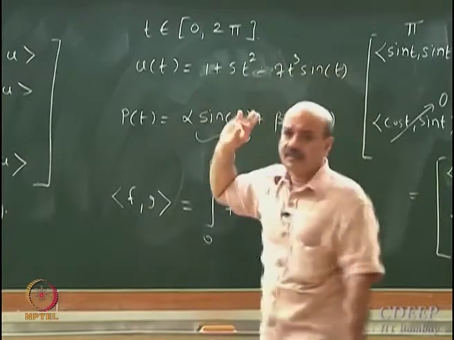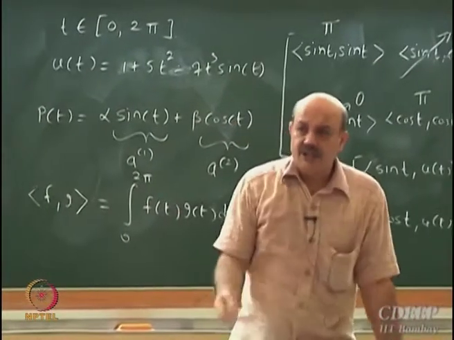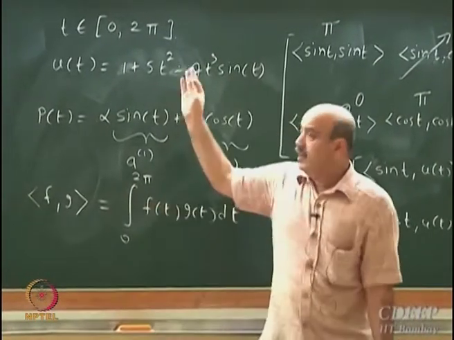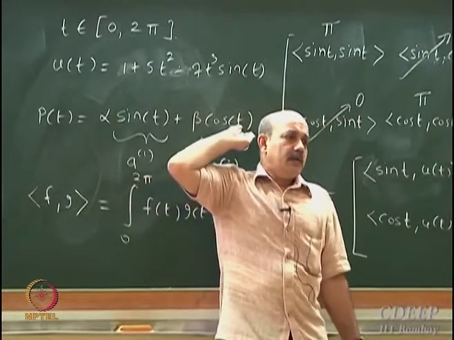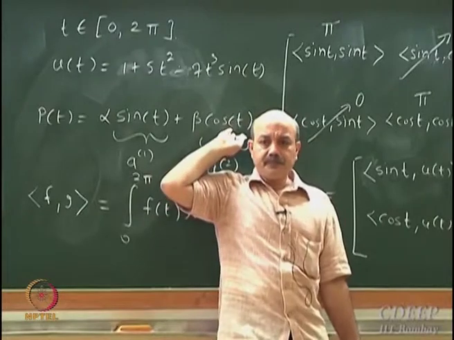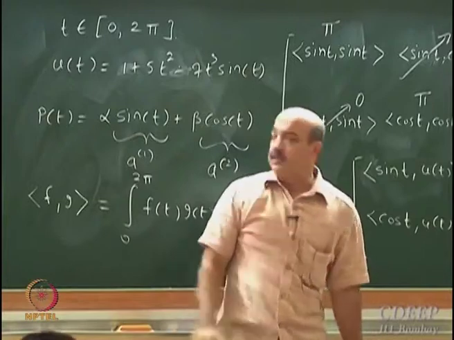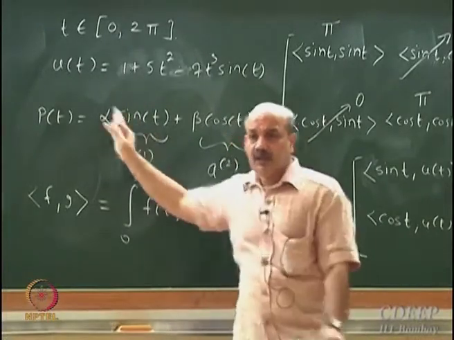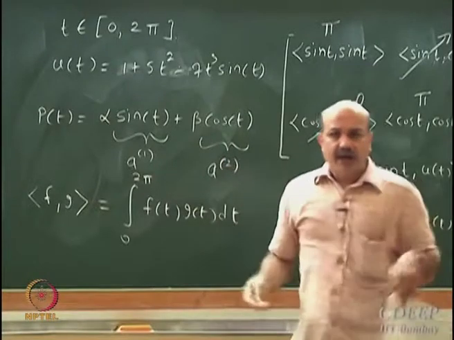Let's say this is my function. Doesn't matter. This is a function in the set of continuous functions over 0 to 2 pi. I want to find the best approximation to this function using sin and cos. I can go on.